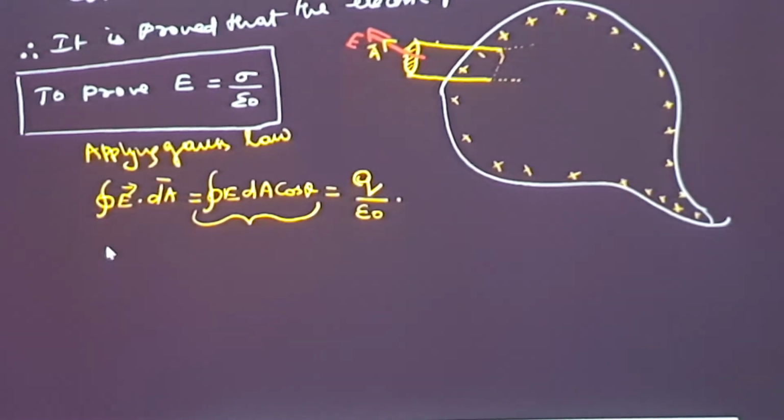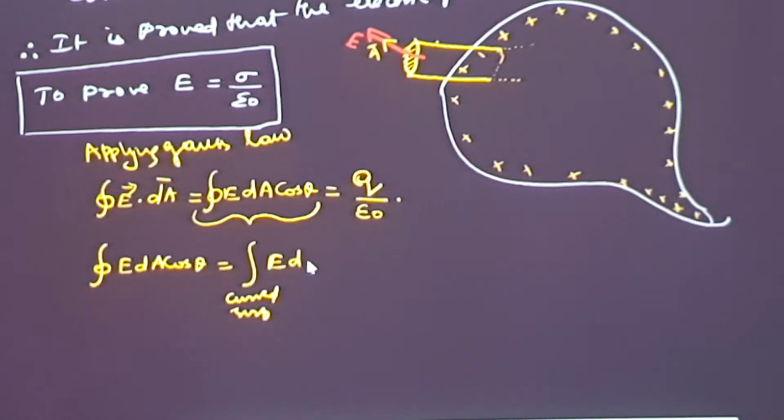So I can write this as closed integral of E dA cos theta equal to integral over the curved surface of E dA cos theta. When considering this curved surface, the normal drawn will be in this direction and the electrical field will be in this direction. So angle theta equals 90 degrees on the curved surface.